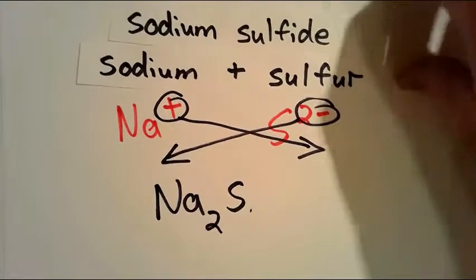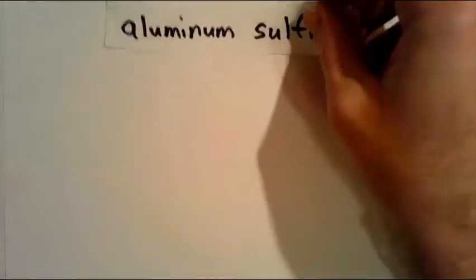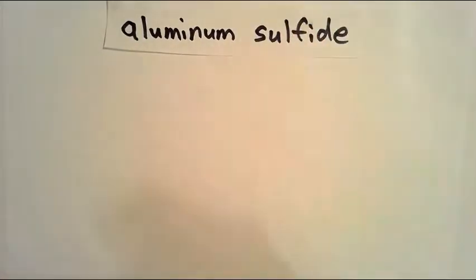All of the type 1 cations will work out this way, without any extra Roman numerals or anything special. But I'll give you some more examples.